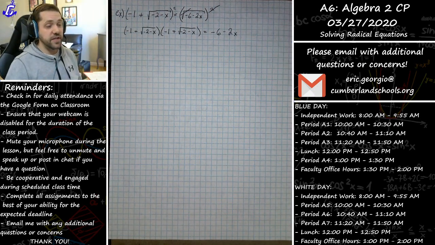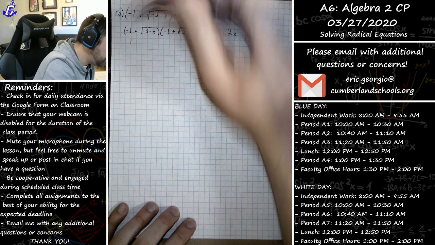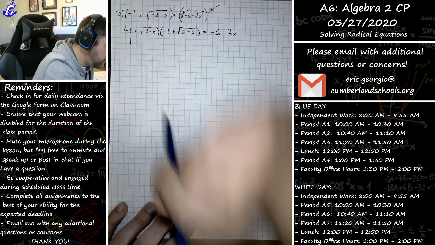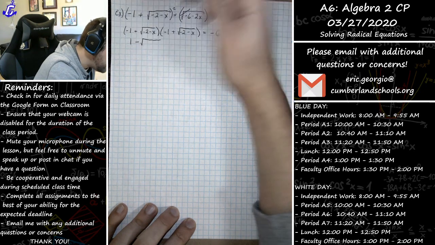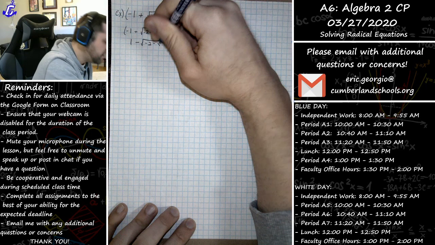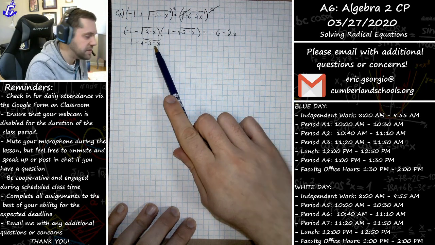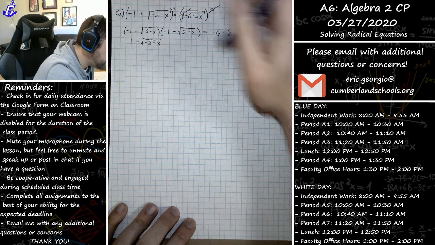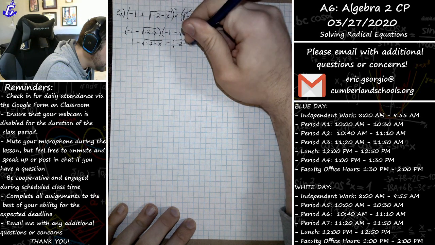Now we got a little first, outer, inner, last going on, the distributive property here. Negative 1 times 1 is positive 1. Negative 1 times one of those radicals is exactly that: negative 1 of those radicals, negative 2 minus x. Think of, again, if it were just negative 1 times x, you would write negative 1x. It's the same deal. Inside we get the same thing, notice, minus the square root of negative 2 minus x.